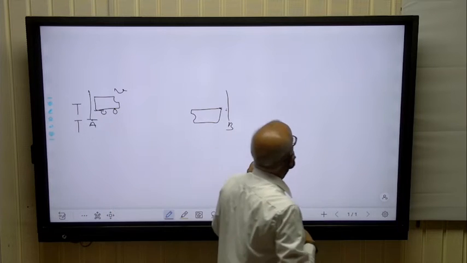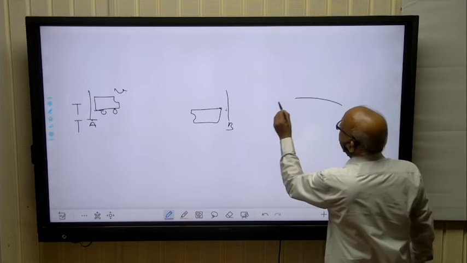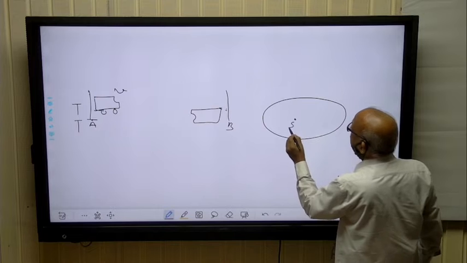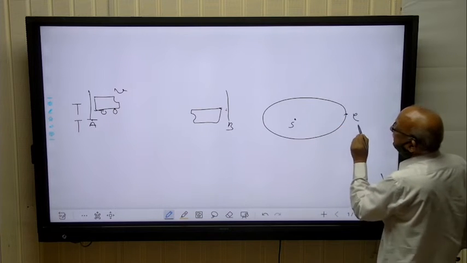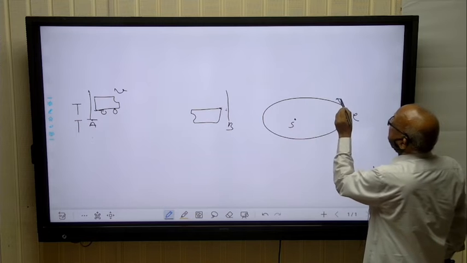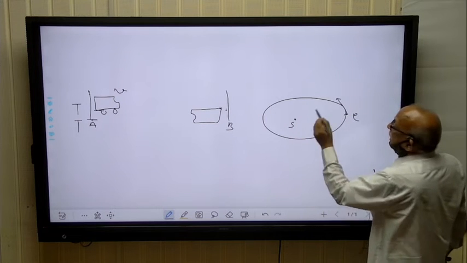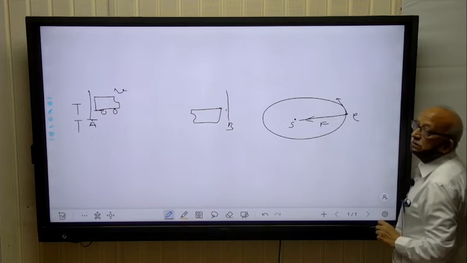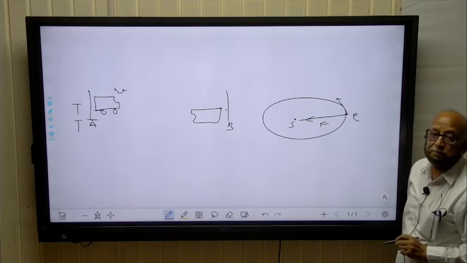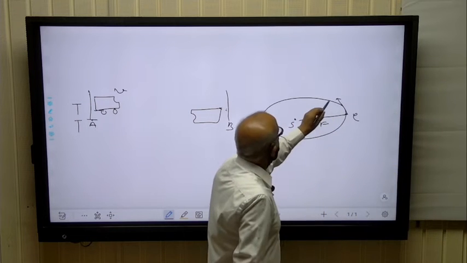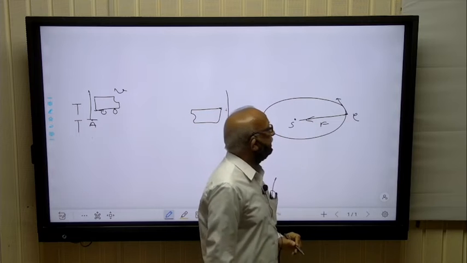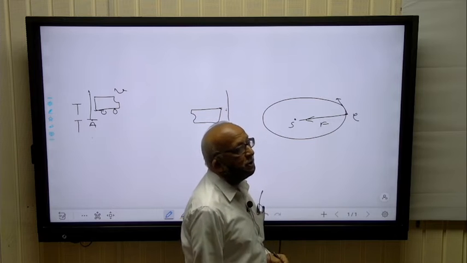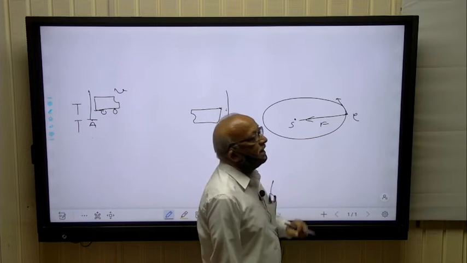Second, this is the orbit of the earth, and this is our sun, and this is our earth, and it is revolving around the sun, and the direction of force is towards the sun. No doubt this is also a periodic motion, but still it is not simple harmonic.